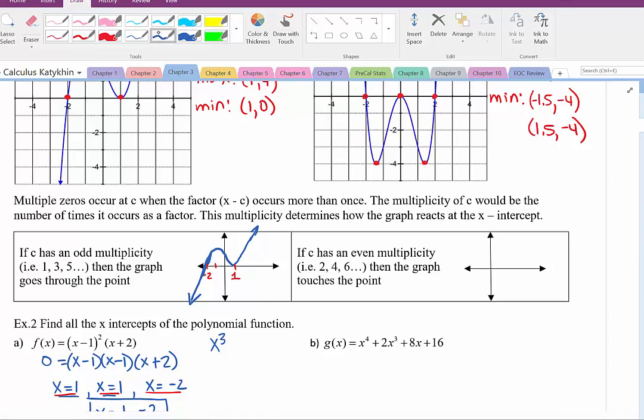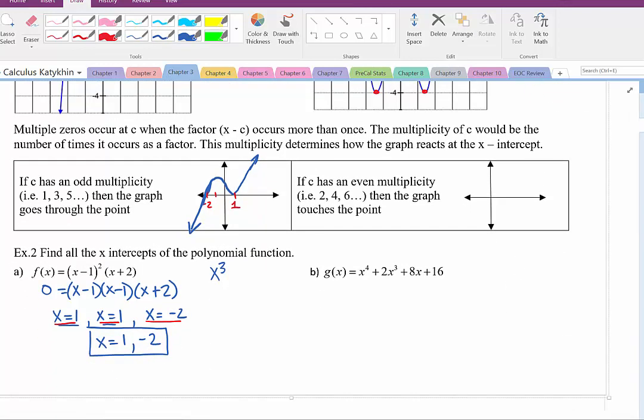So if we look at our next example, B here, we have a similar situation where I would have to factor that. To do that, I would have to factor by grouping. So get those factors out. Notice in the first part here, I can factor out an x to the third, which will leave me with x plus 2.